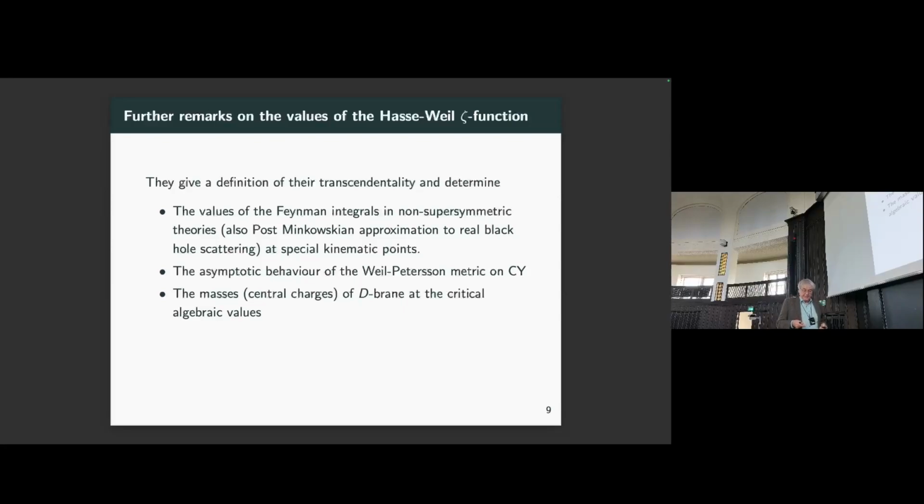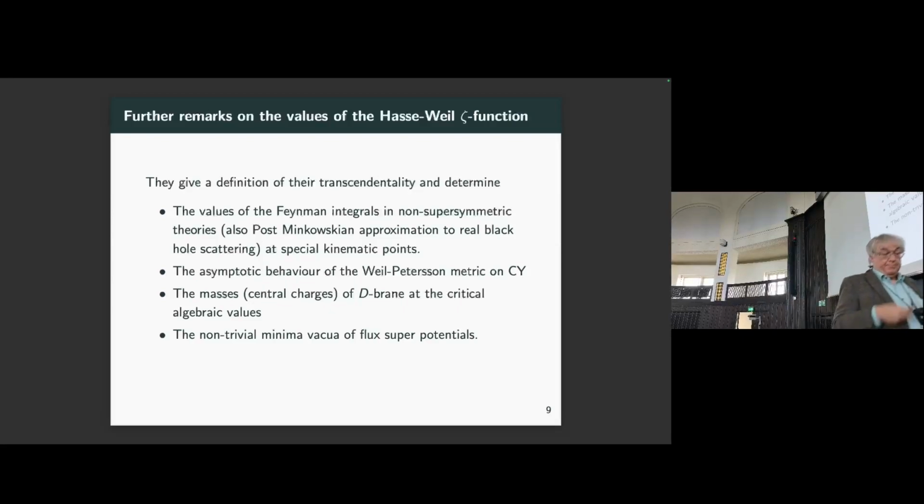And it's also clear that then you have to go to the special algebraic points to get the behavior of the periods. And it also determines the non-trivial minima of the flux vector. So why should physics care? I think the question is turned around: can we afford to ignore it? So that's in this spirit.